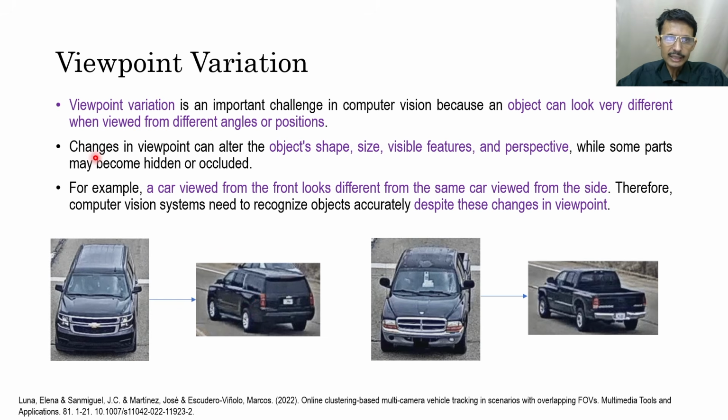Now here we can see that changes in viewpoint can alter the object shape. Definitely the shape is changed, and so are the size, visible features and perspective, while some parts may become occluded. You can see the backlight is not visible in this viewpoint, and this logo is not visible here.